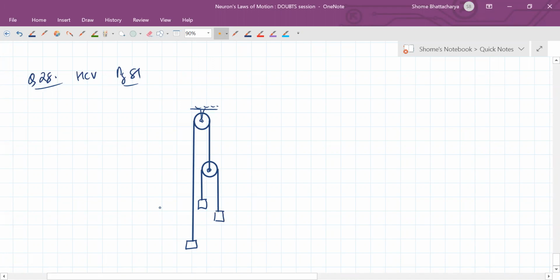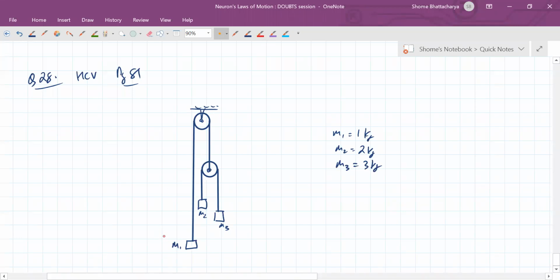The masses of these blocks are given to us. We have to find the condition. So 1, 2, and 3. You have to basically find how long it takes for M1 to hit the pulley.